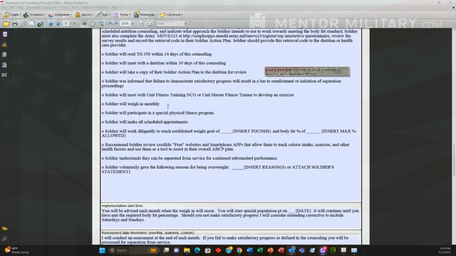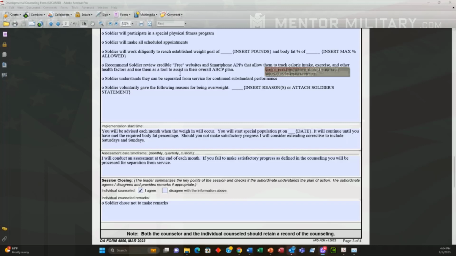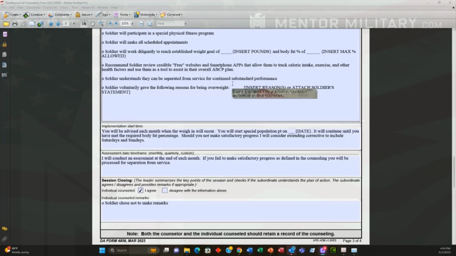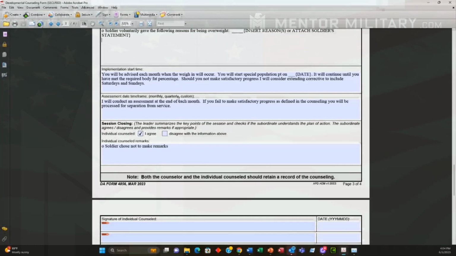They got to weigh in monthly, participate in physical fitness training, specialized population. They have to make their scheduled appointments, work diligently to reach their established goal, and are recommended to review credible free websites and smartphone apps. They can be separated from service, and the soldier voluntarily gave the following reason for being overweight.